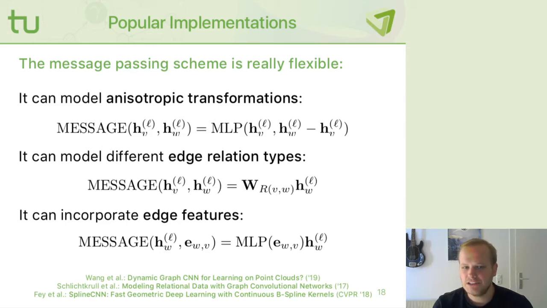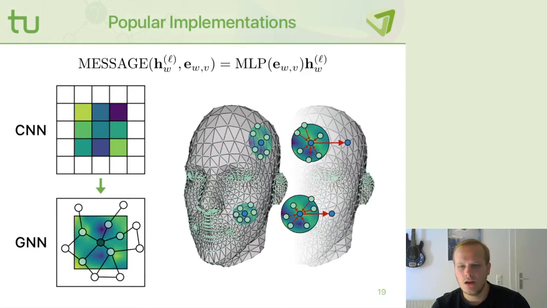So if there exist multiple edge types or rich edge features, one should incorporate them into the message passing scheme. In particular, sending messages based on a transformation that is dependent on the edge features provides, in my opinion, the best analogy to classical GNNs.